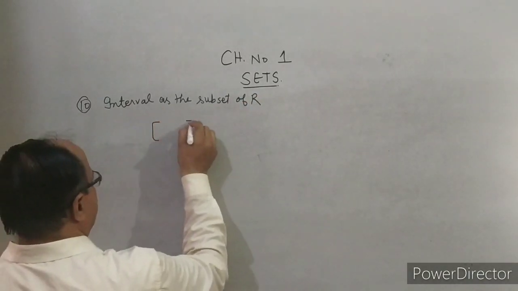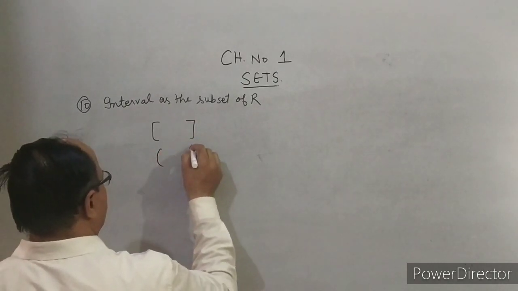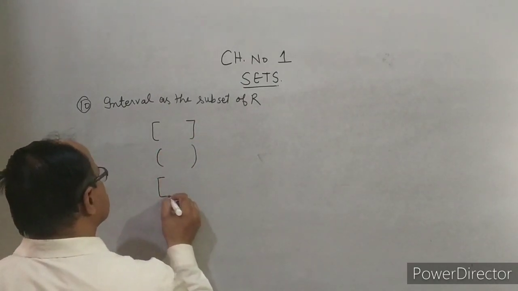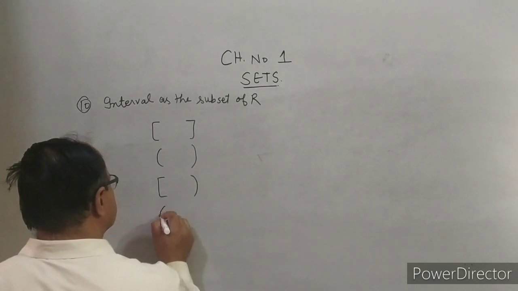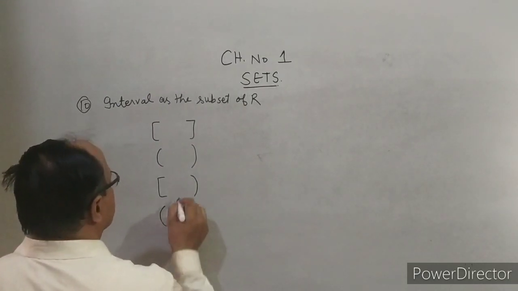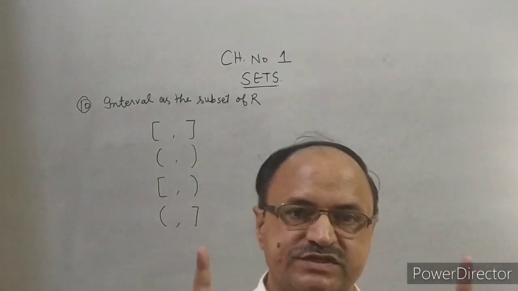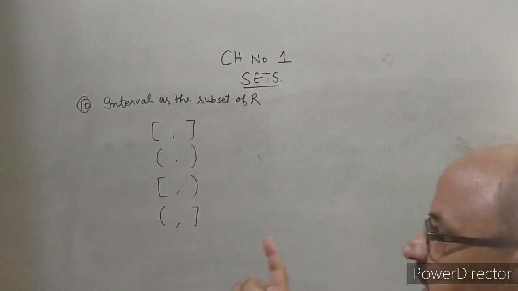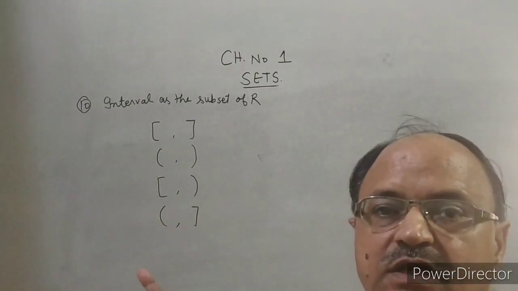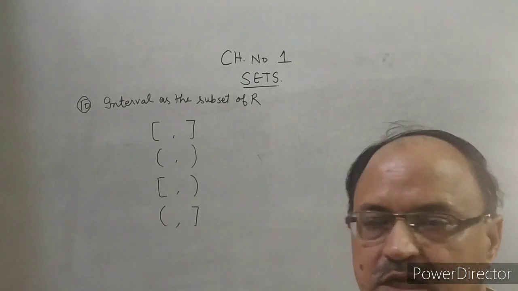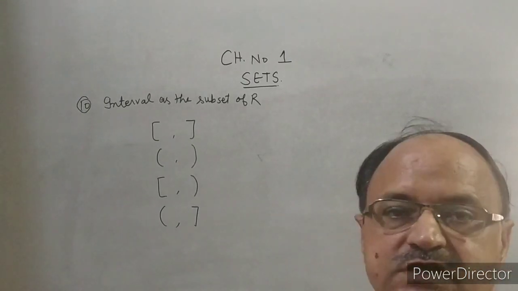There are 4 intervals: the closed interval first, second is the open interval, third one is the semi-closed interval, and fourth one is the semi-open interval.